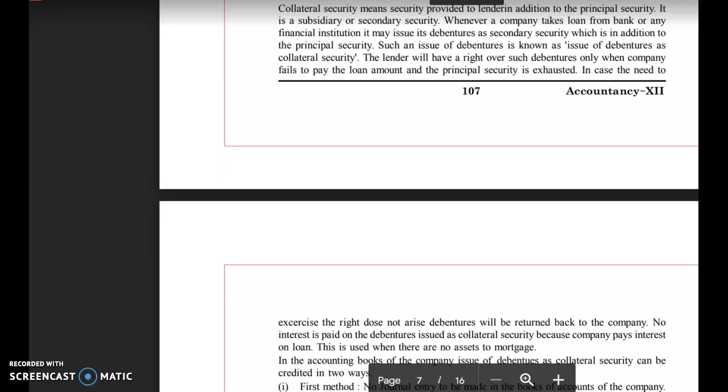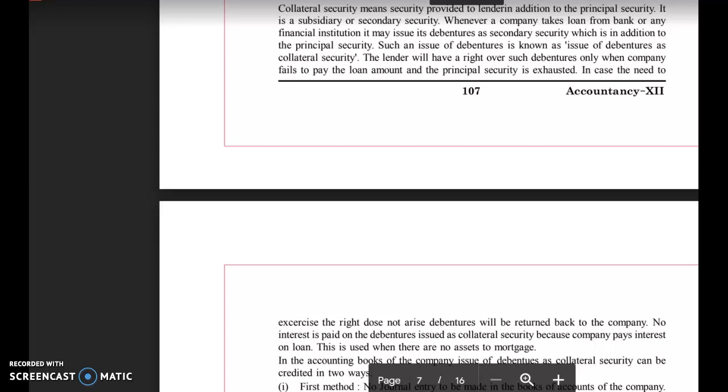Principal security is already given to them, for example, land, plant and building are mortgaged, but to assure themselves that the company must make the payment of its debt, they demand additional or secondary security.